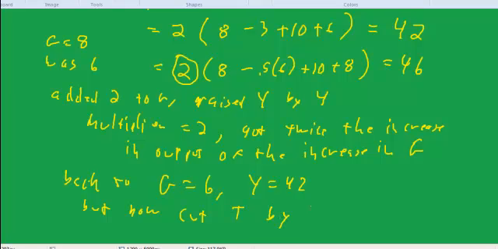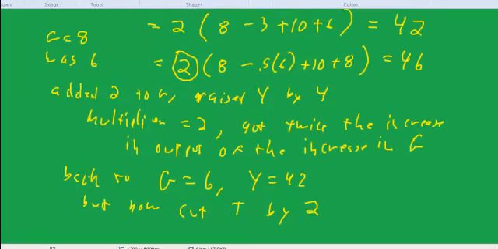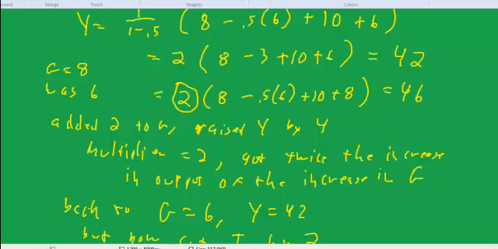Remember, when we cut taxes, we're going to increase GDP. So let's see if we get the same sort of increase in GDP. Let's reproduce the equation that's up here. I'm going to rewrite that down here so we have it.